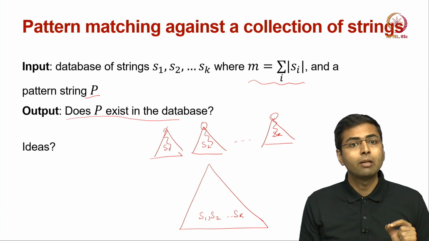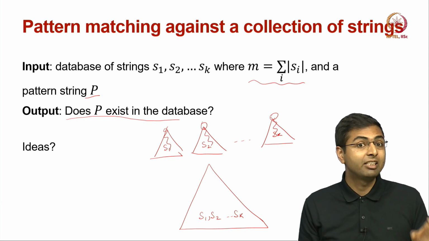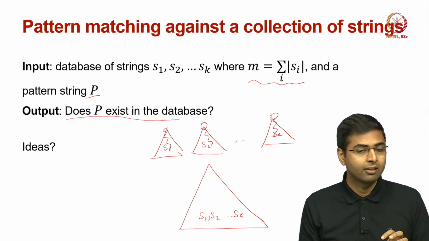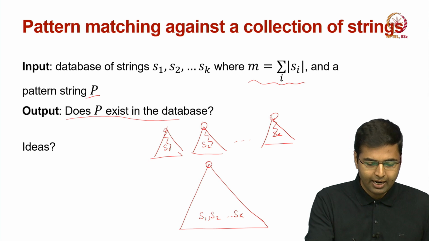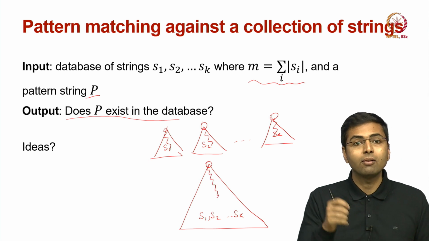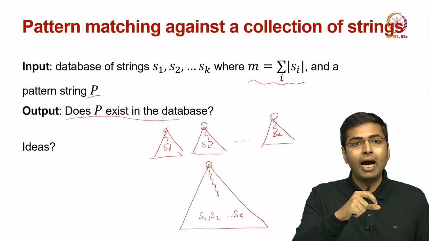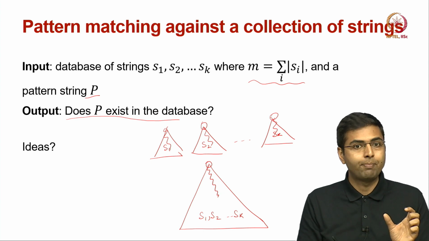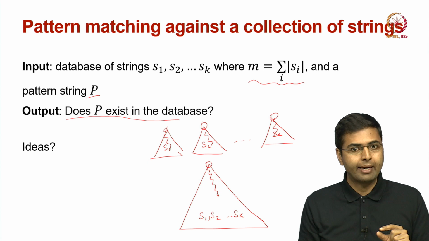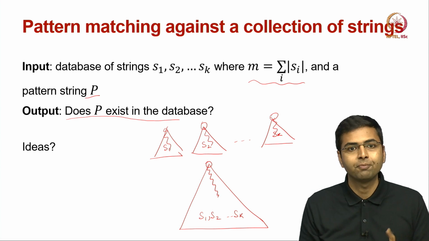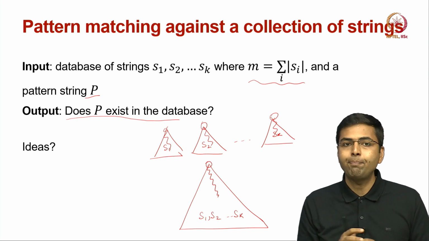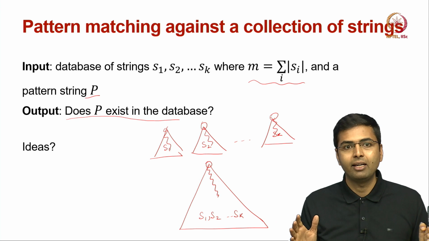Now, if I want to know whether the pattern occurs in the database or not, then I can start from the root node of the generalized suffix tree and continue to match the characters of the pattern until I am able to match all of them. If I am able to match all the characters of the pattern, then we have that the pattern occurs in at least one of the strings. If I see a mismatch, then I know that the pattern does not occur anywhere in any of the strings.